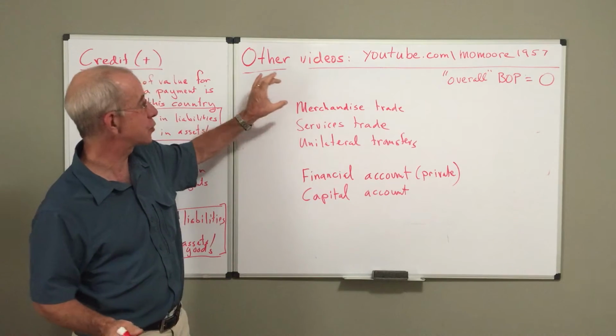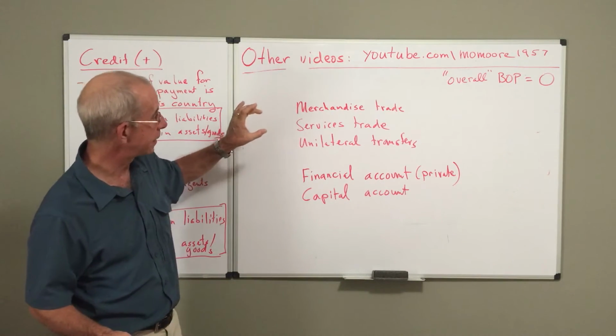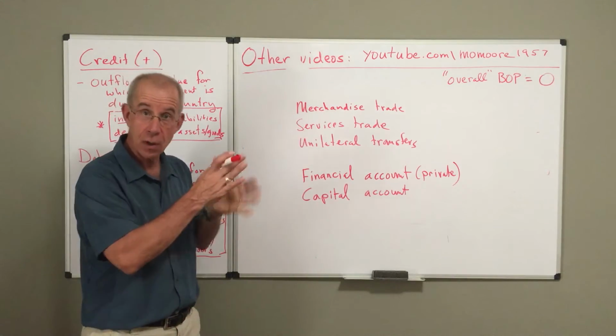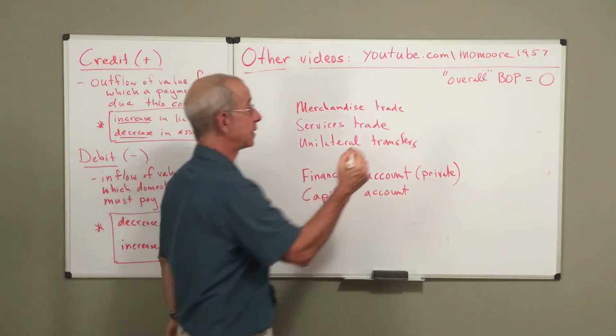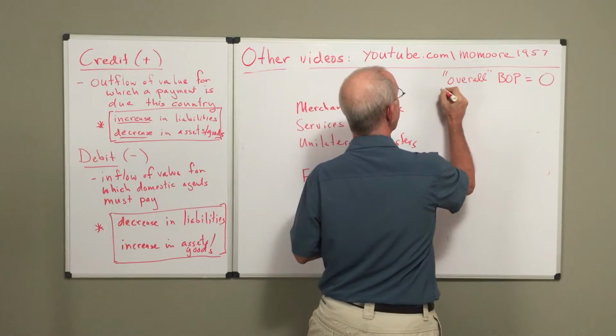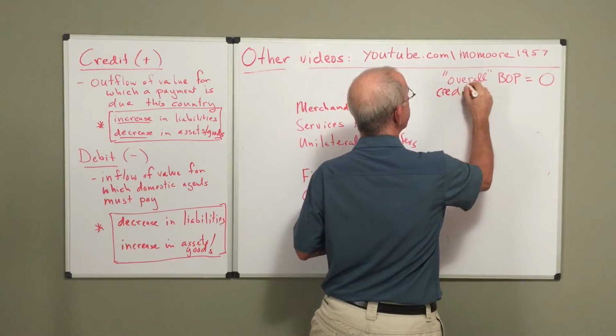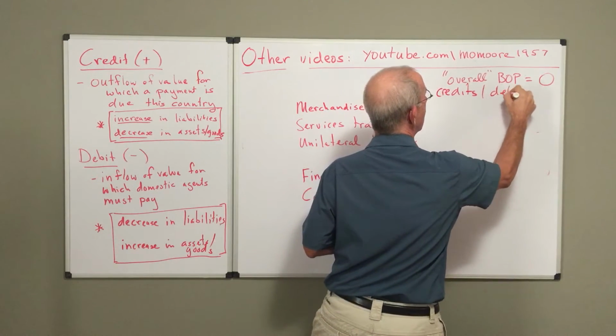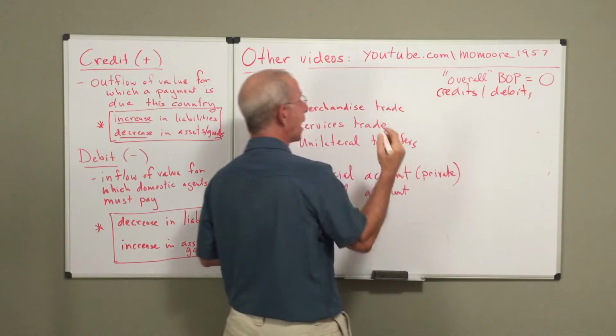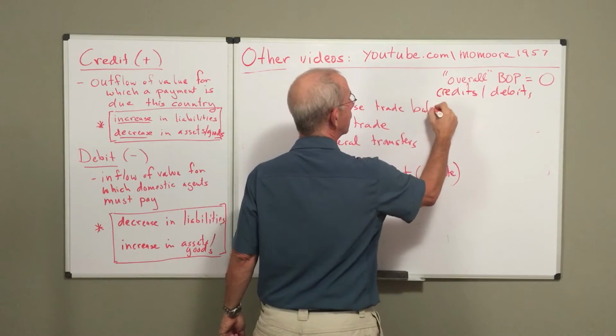So merchandising trade, services trade, and unilateral transfers all can be added up with the debits and credits. And we'll have a balance.